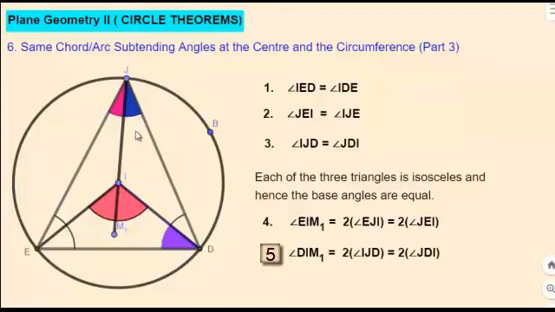Or again, you can add these two base angles of triangle JID to get angle DIM1. Let me move the angle at the circumference whilst you observe what happens.